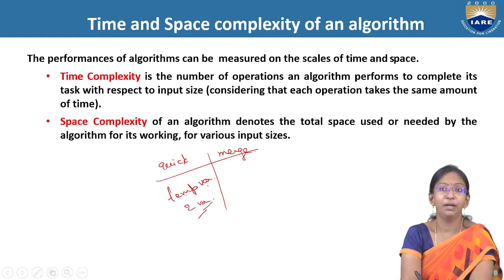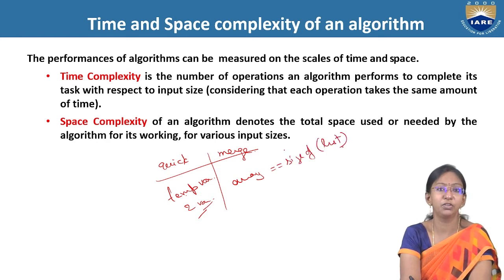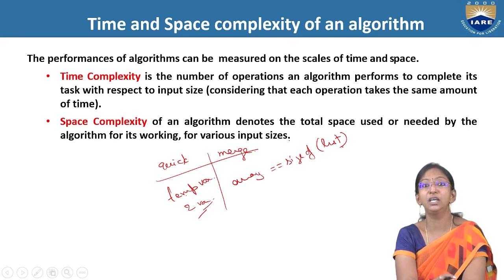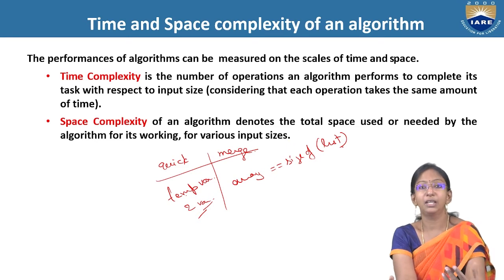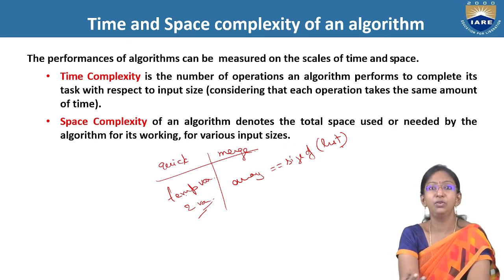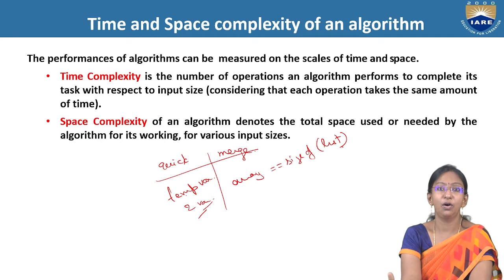That's it. But for merge sort, you need an array which is equal to the size of the list you have taken, or the set of elements you have taken. That is the temporary array which is equal to the size of the elements. If you take 100 elements, then you need a temporary array of 100, right?